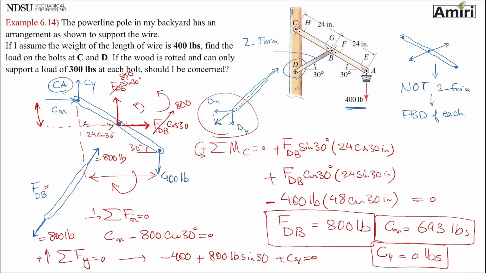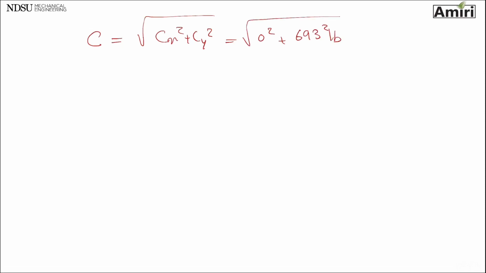Okay, so those are the forces, force at C and force at D. So force at C, if I just want to find one force for it, let me go to the next slide. Remember, it's 0, 693 pounds, and it's going to be 693 pounds. So force at C, 693 pounds. Force at D, 800 pounds.